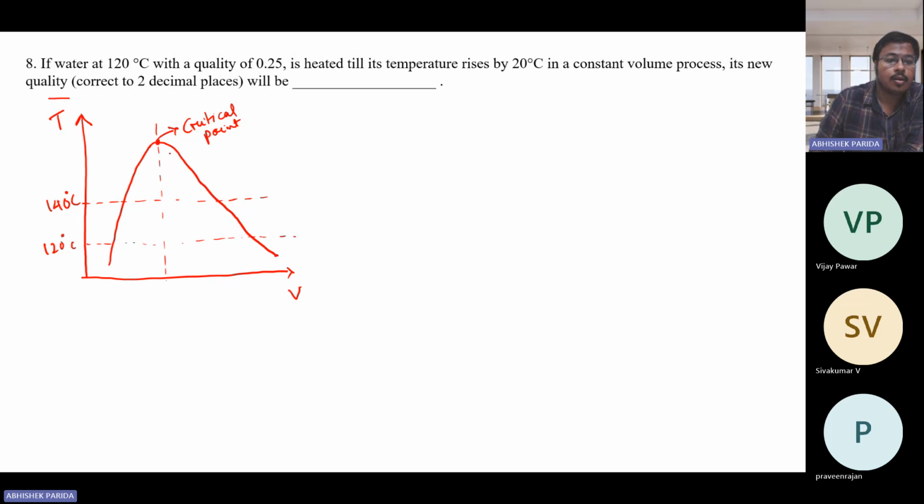Okay. Now tell me, how do constant quality lines look in this diagram? Parallel to the saturated vapor line. Correct. Very good.